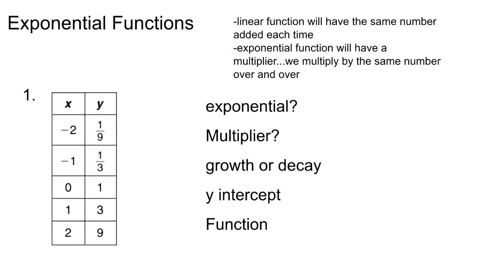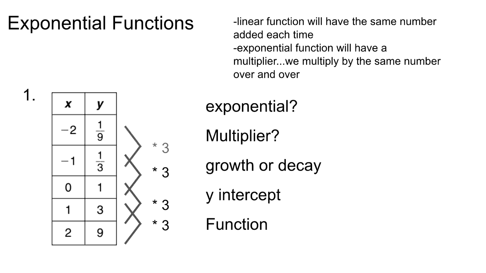Now, an exponential function is similar to a linear function. However, in a linear function, we add the same number every time. In an exponential function, we multiply by the same number every time. So again, a lot of times it's easier to start with the biggest one and then go backwards by dividing. 9 divided by 3 is 3, and 3 divided by 1 is 3, and 1 divided by 1/3 is 3, and 1/3 divided by 1/9 is 3.